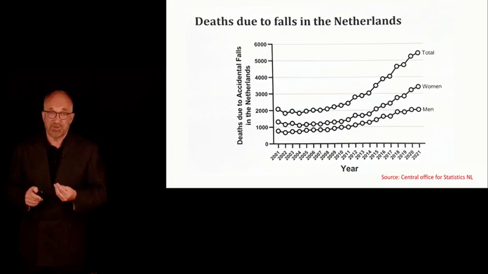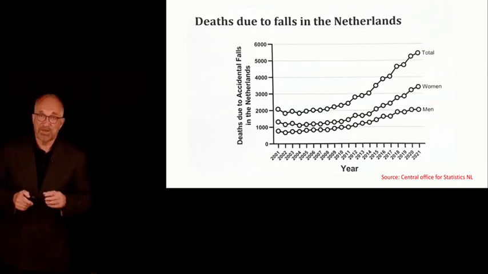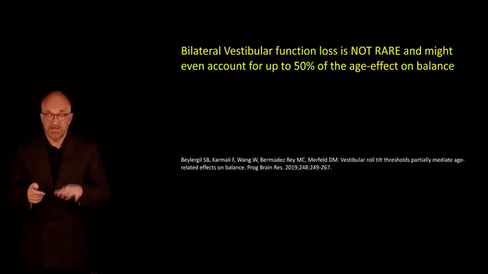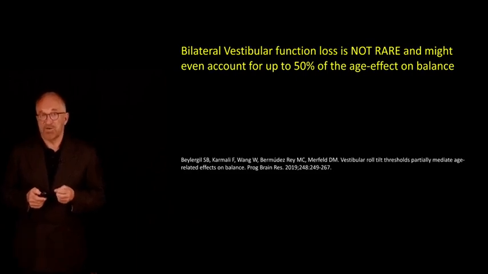So it's a serious problem, falls, and calculations by Dan Merfeld and colleagues based on threshold measurements show us that bilateral vestibular loss is not rare, and it might even account for up to 50% of the age effect on balance.